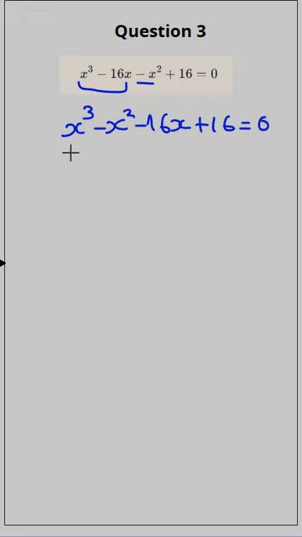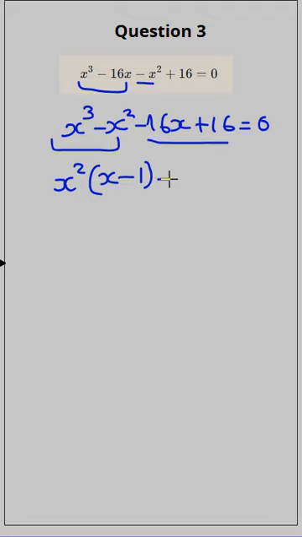Then we will try to factor out something in between this. You can see x squared is the common factor in between the first two terms. Here just x minus 1 will be left because you are factoring out x squared. In between these two terms, we can factor out negative 16.